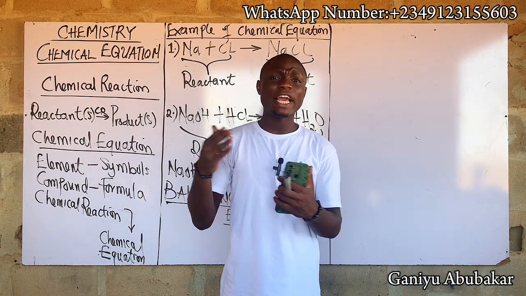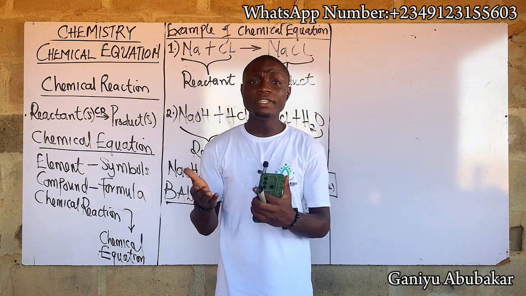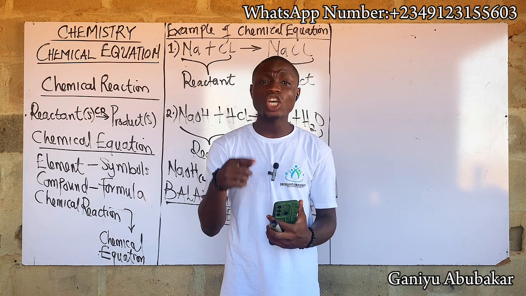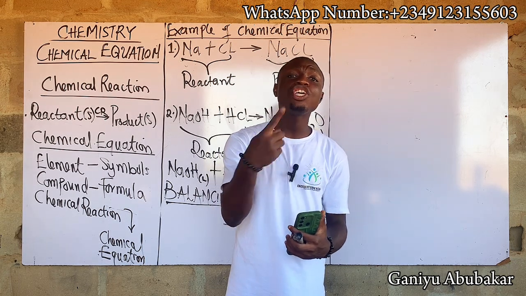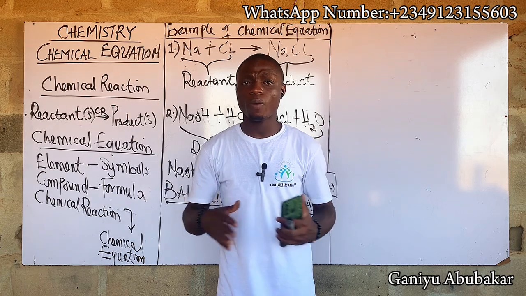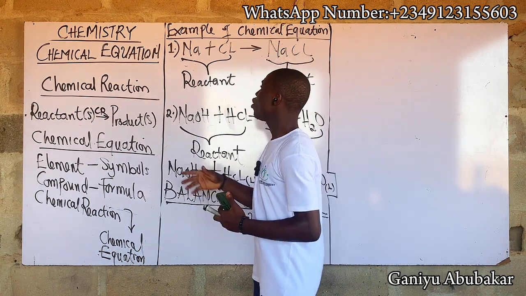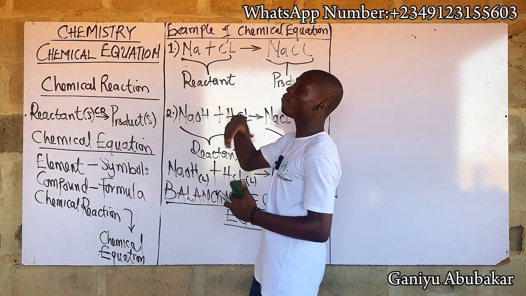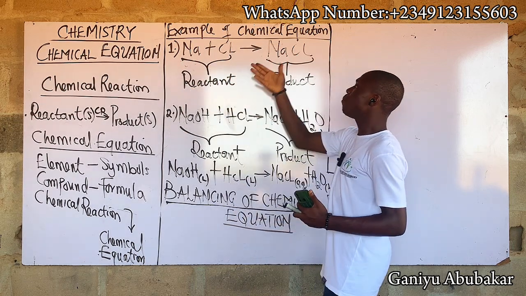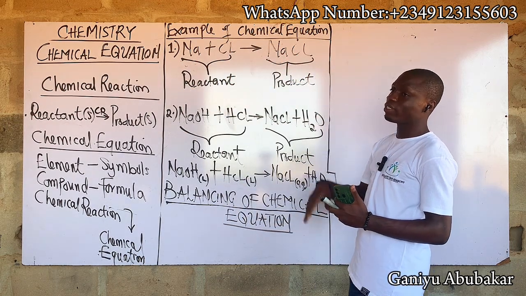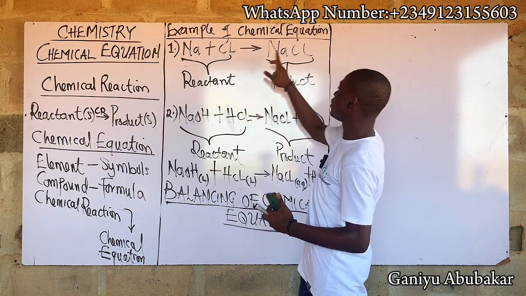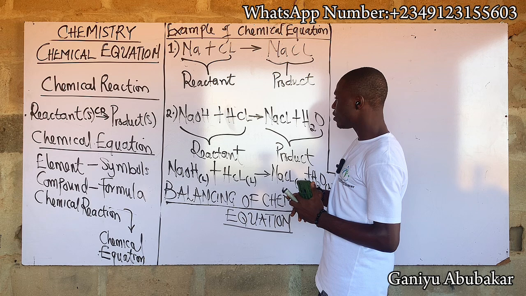To balance a chemical equation means to ensure the number of moles of elements on the reactant side is equal to the number of moles of elements on the product side. That's all. Sodium is 1 here, chlorine is 1, chlorine is still 1 here, balanced, right?